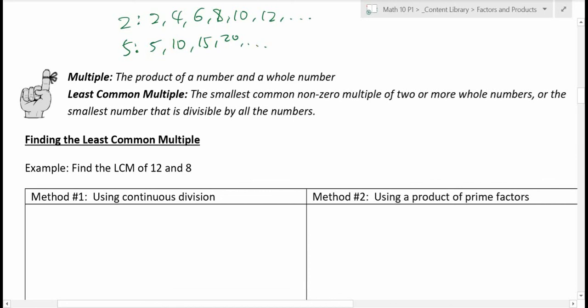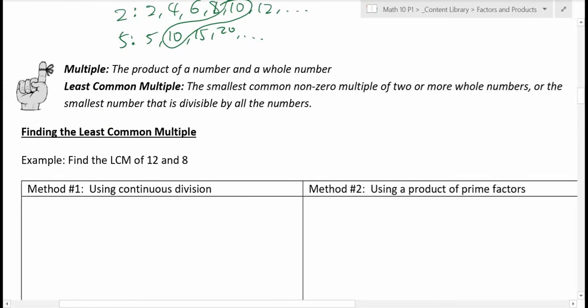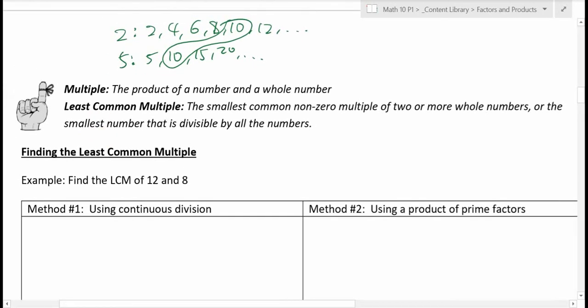So the least common multiple would be 10, because that's what they have in common, and that's the smallest, right? 10 is a multiple of both 2 and 5, and 10 is the smallest. So that's what the least common multiple is. So this definitely is a valid method as well. You can just write out all their multiples and just look for the smallest.